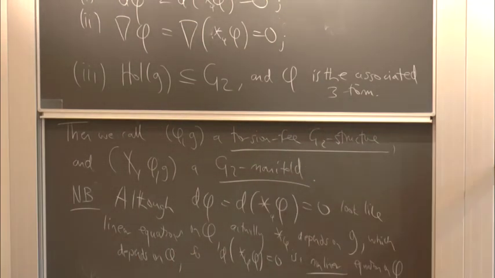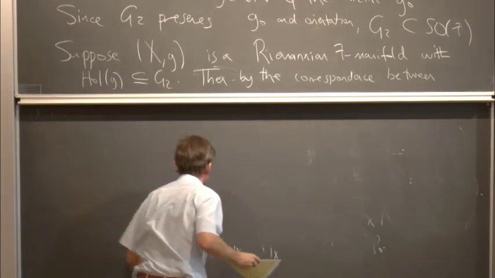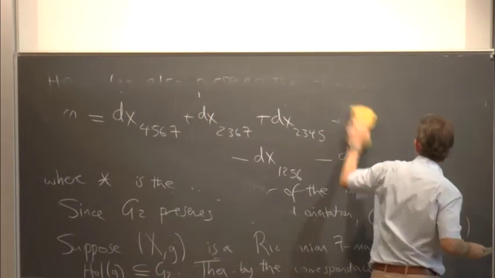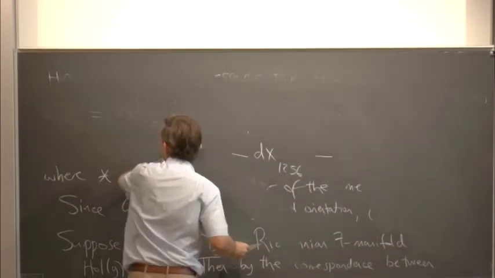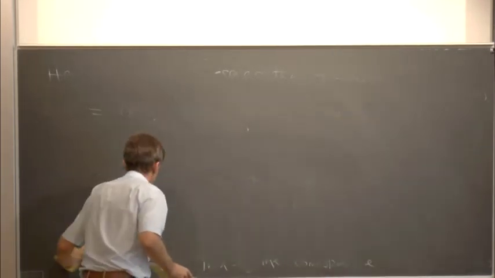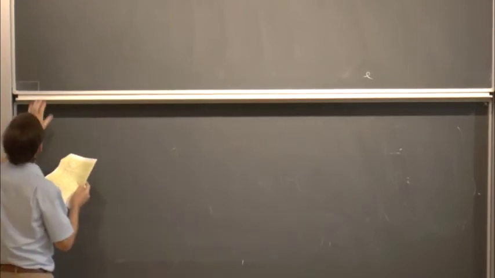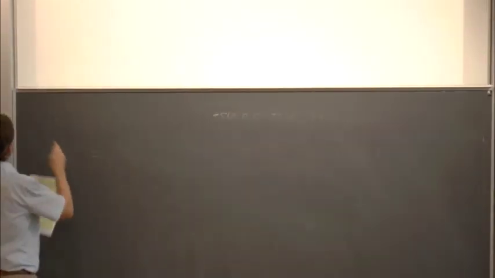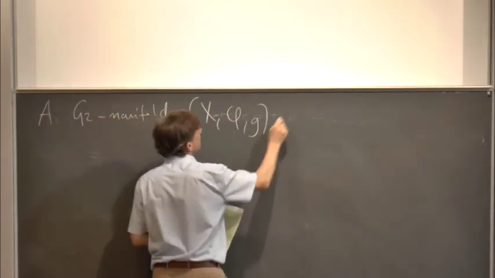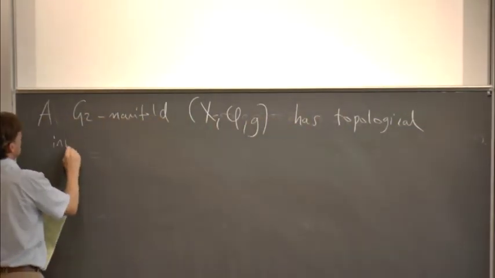Okay, so a G2 manifold (X, phi, g) has topological invariants.